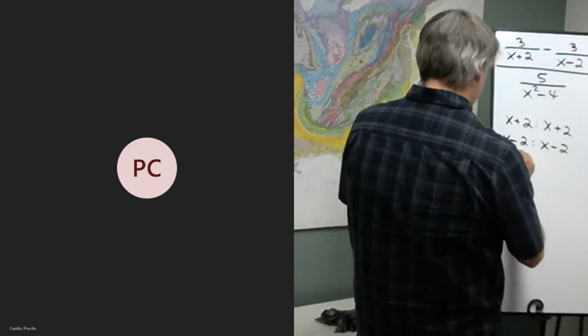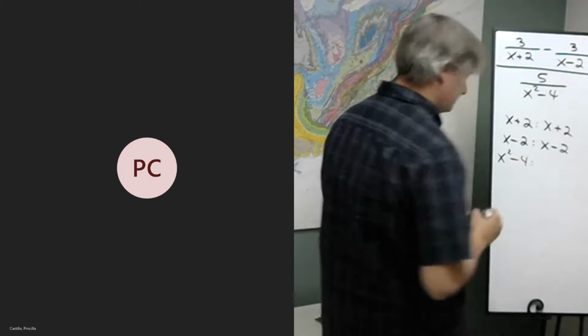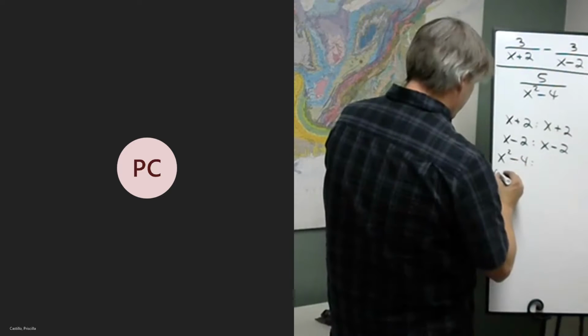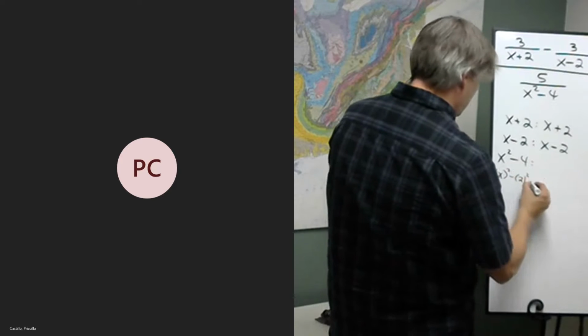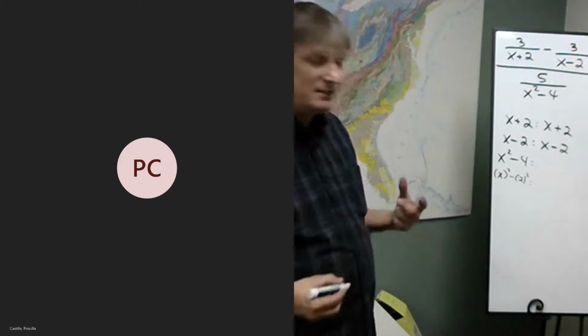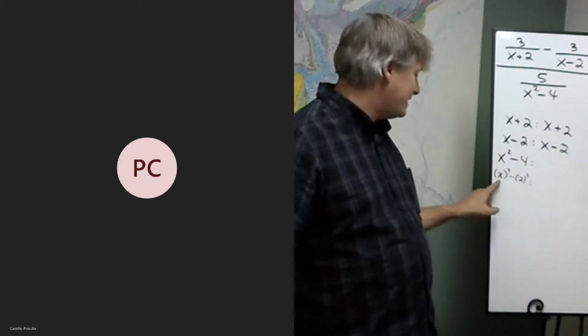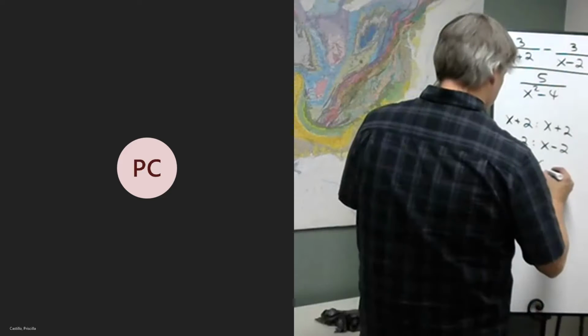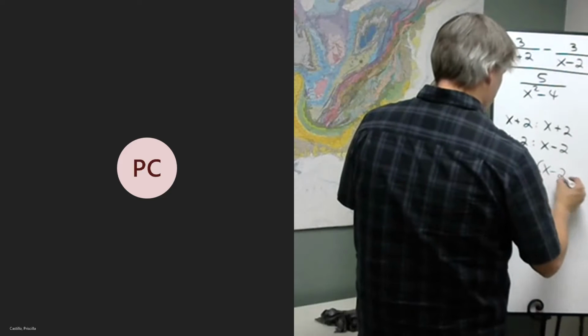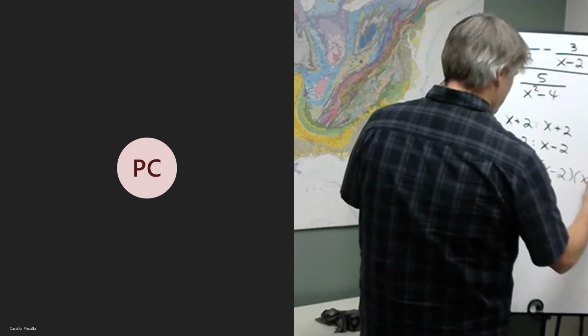But x squared minus 4 is really x squared minus 2 squared, a difference of squares, where a is x and b is 2. We'll get a minus b, a plus b.